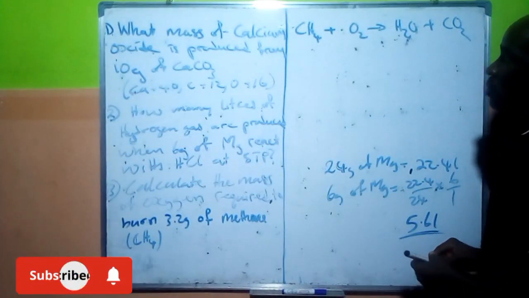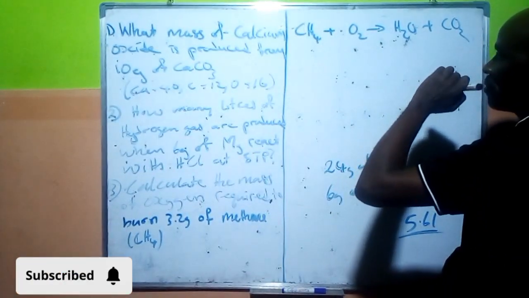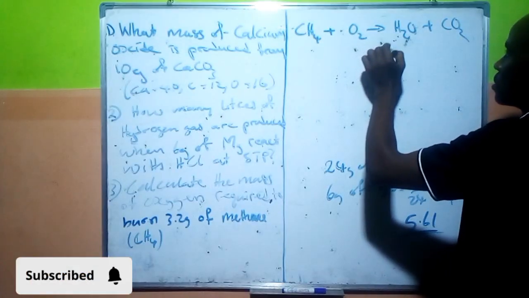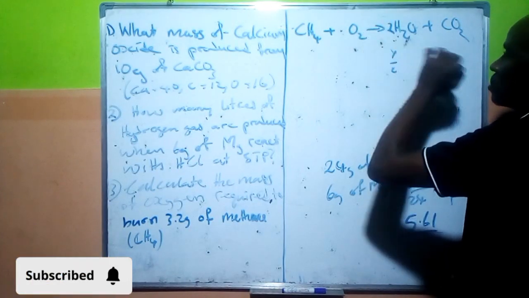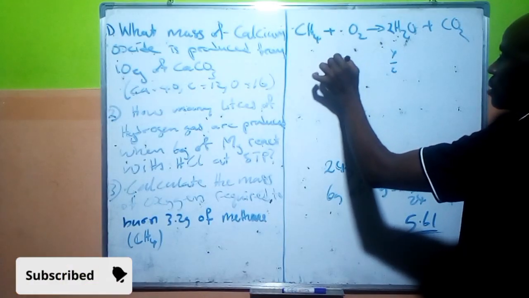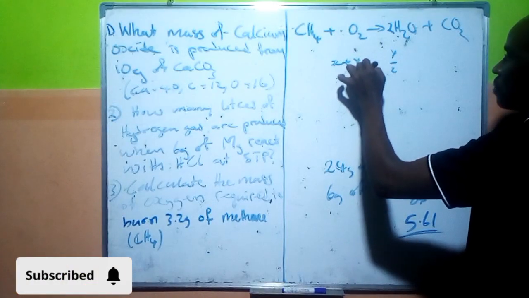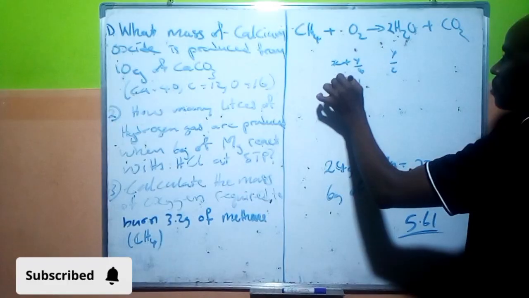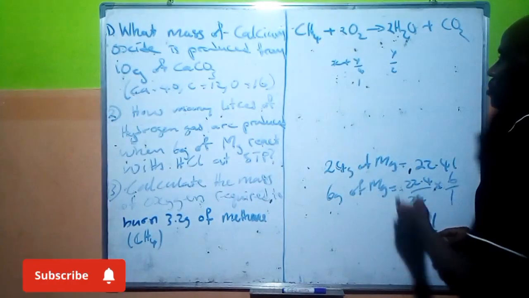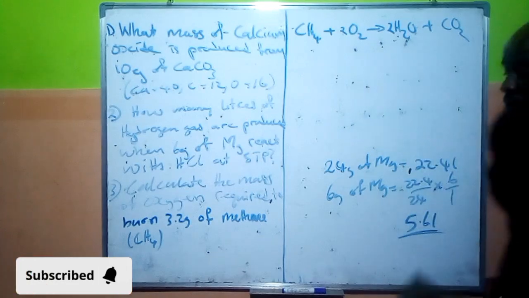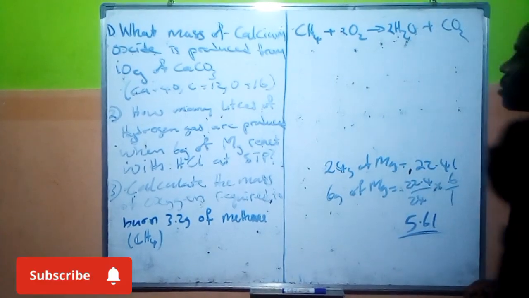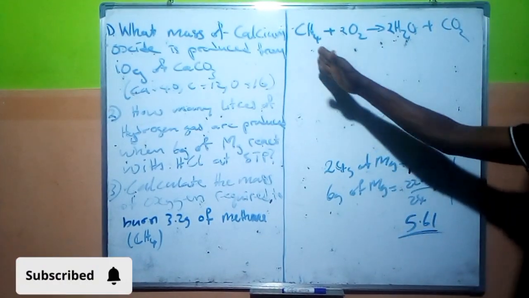So for this, let's balance the equation first. This will give us 2, this will give us 2O2 plus, so will give us 2. So I think the equation is now balanced. The next thing we do, we compare.